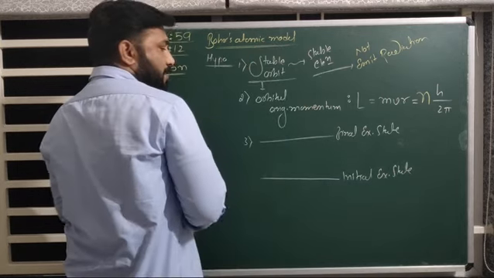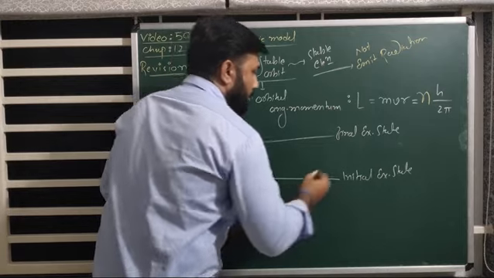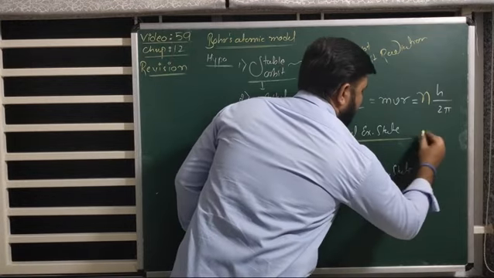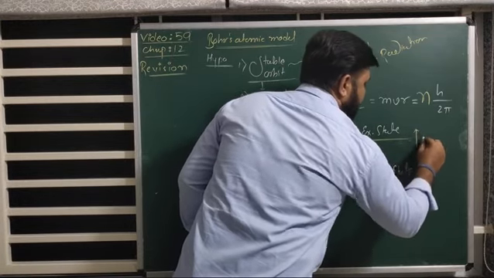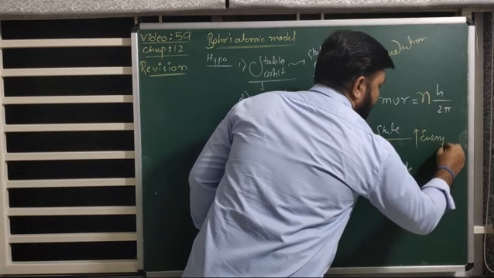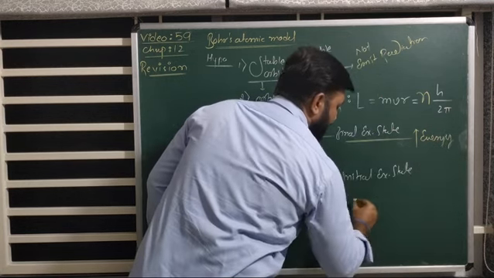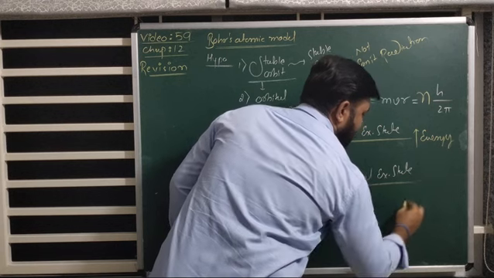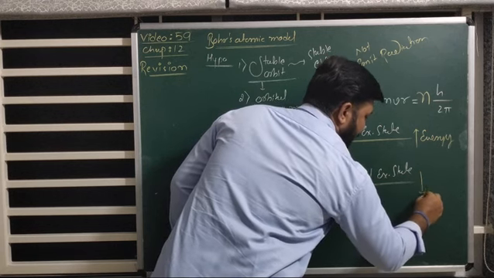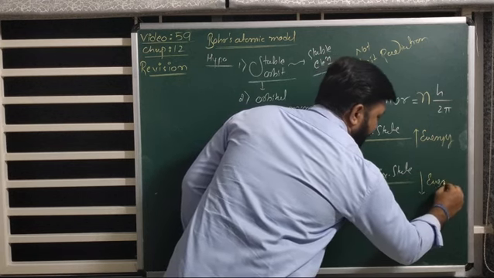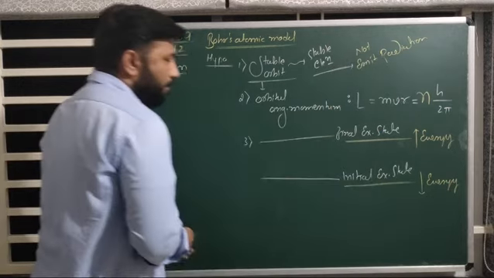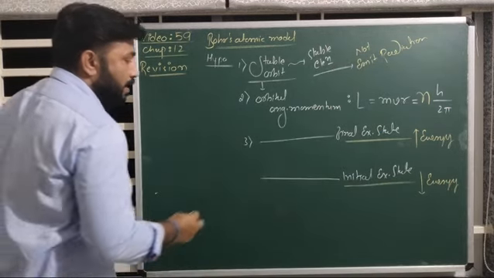The final excited state is also known as the state having high energy, and the initial excited state is the state having low energy. Clear? You have to remember it this way.